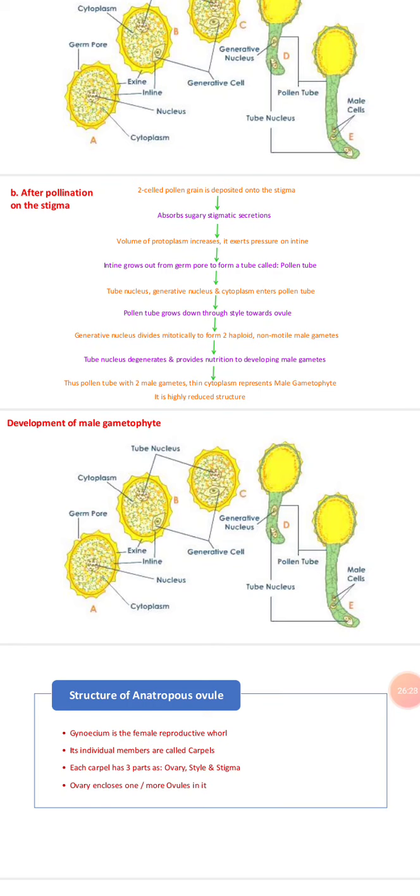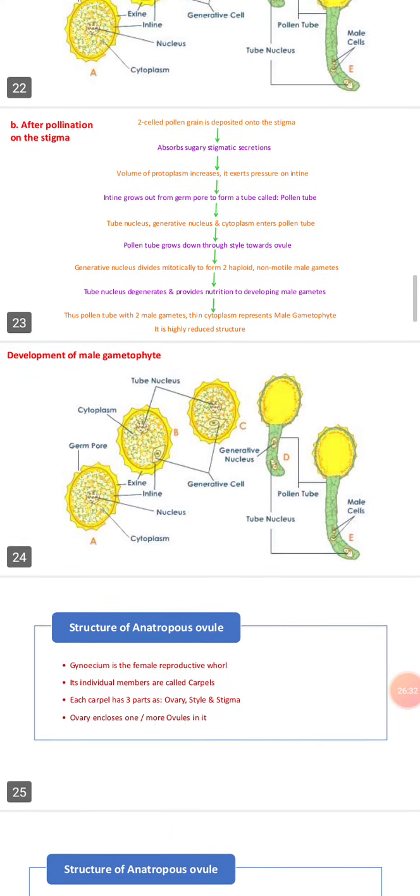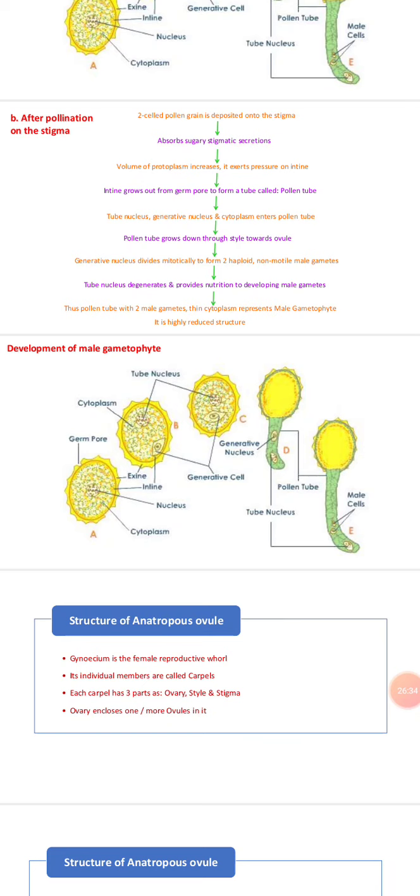Okay, as we have seen, the gynoecium has three different parts. The upper part is the stigma, the middle part is the style, and the lower portion of the gynoecium we call the ovary. In the ovary the ovules are present. Okay, the ovule is the female gametophyte, and the pollen grain travels toward the ovule for fertilization.